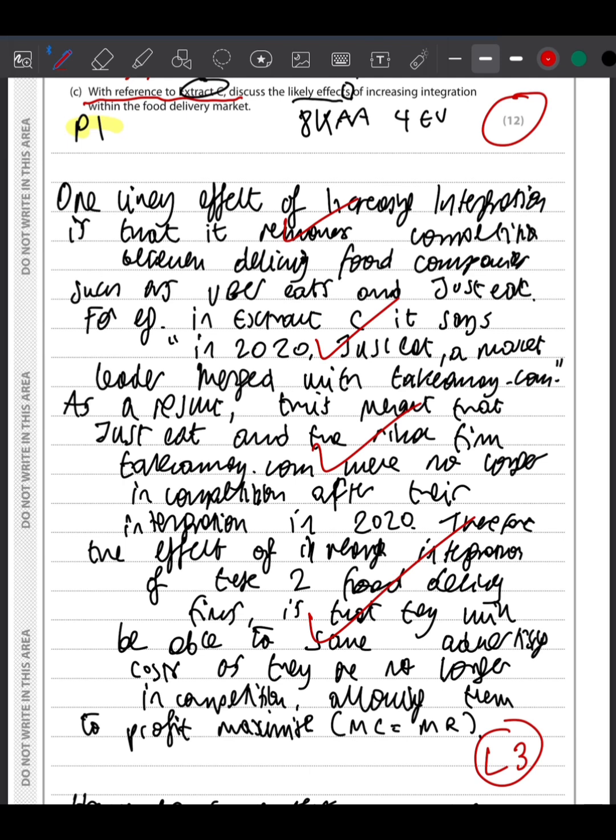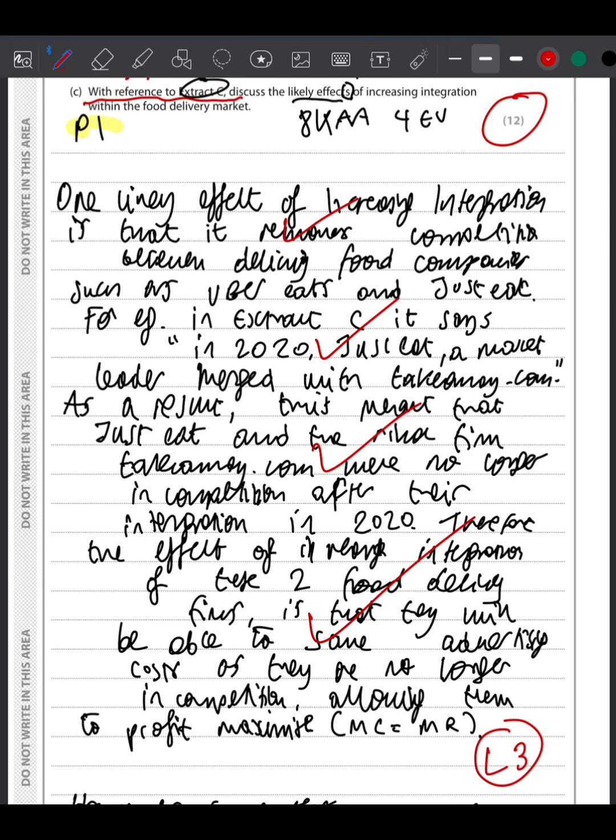So the second effect we could say of increasing integration is that it could actually reduce consumer choice. For example, in here it talks about the German Takeaway.com firm. Let's say an American firm and a Chinese firm merge together.